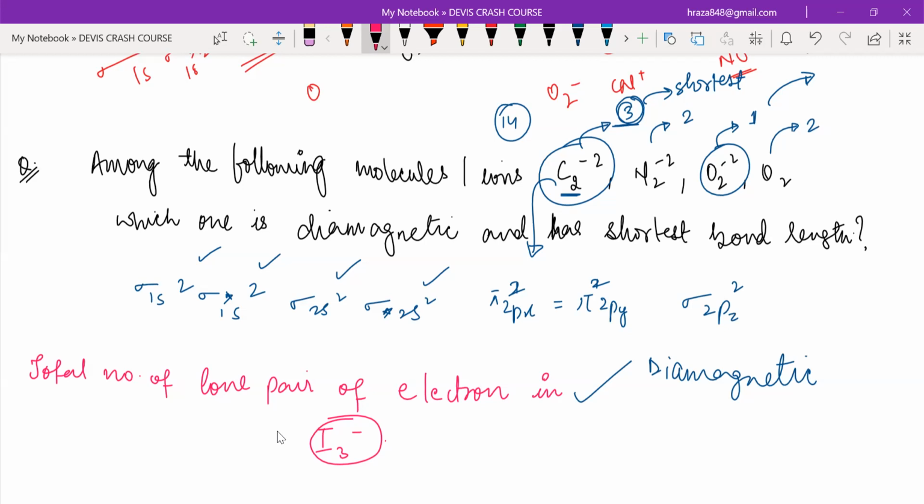Yeah, 10 lone pairs. No, not 10 lone pairs, it's 9 lone pairs. The structure is basically like this: I, I, I.